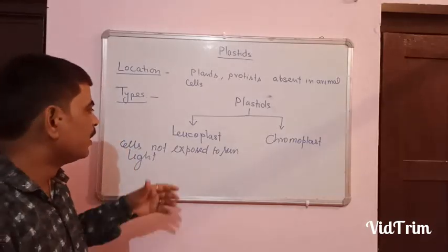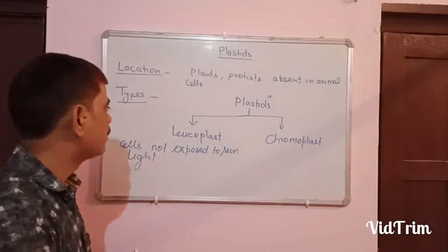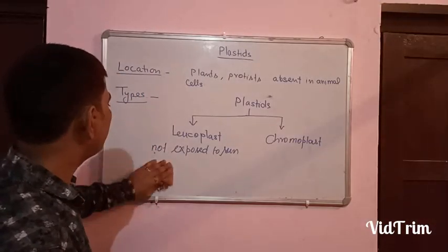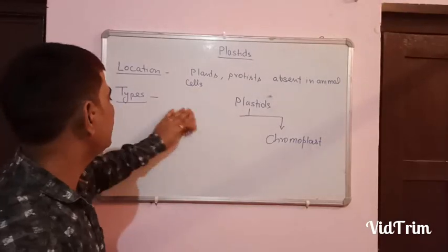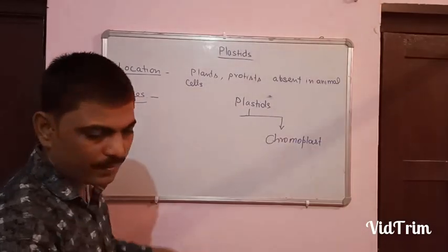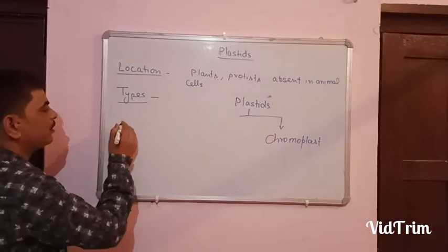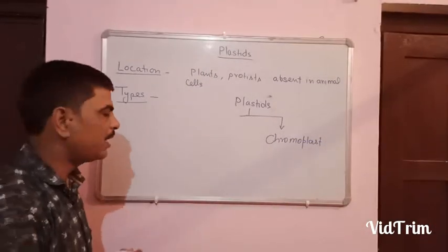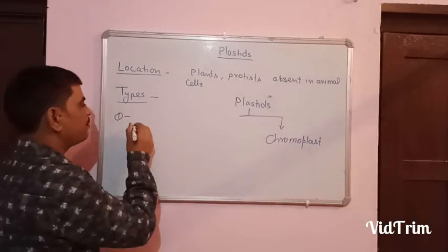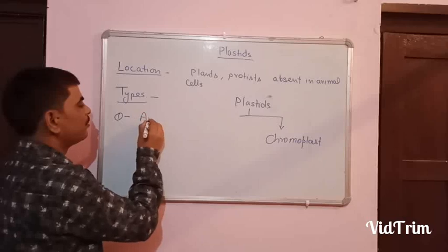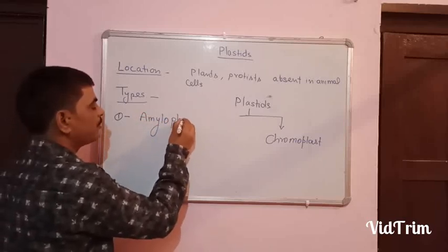Okay. These leucoplasts commonly function as storage, so they are present in the storage cells. They are further divided into mainly three types of leucoplasts. One is called amyloplast.